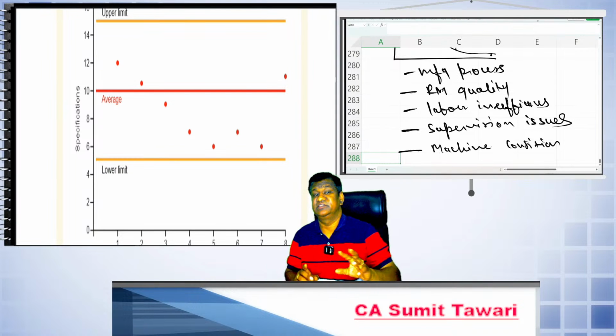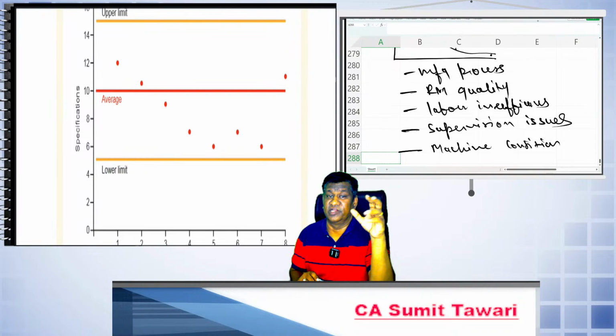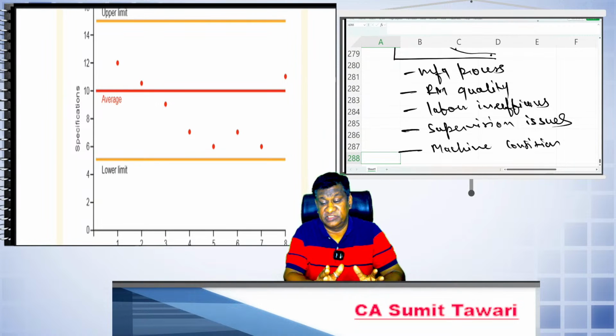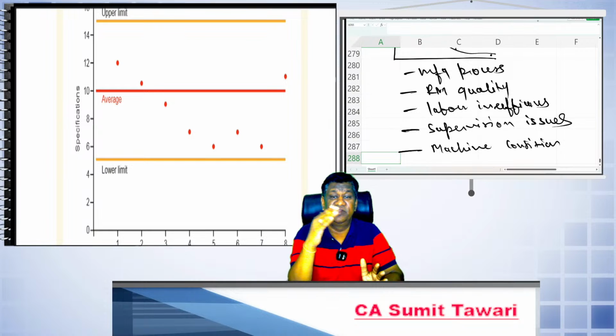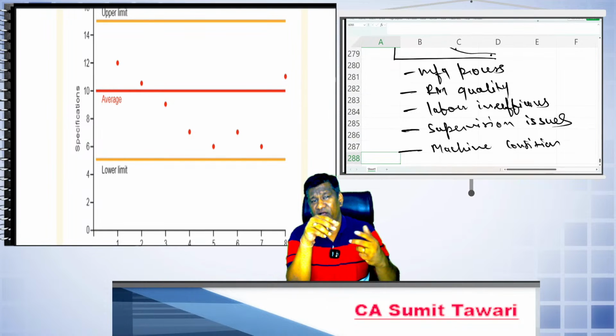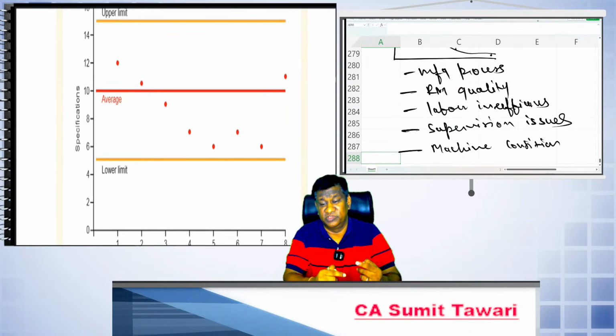Cost benefit analysis you can do on the basis of what prices you are getting in the market. That is something different. But you set up a process and continuously you find that your process is not going well, or not giving the expected result. Then you need to evaluate what the issue would be. Like the manufacturing process, is there any change in the manufacturing process?